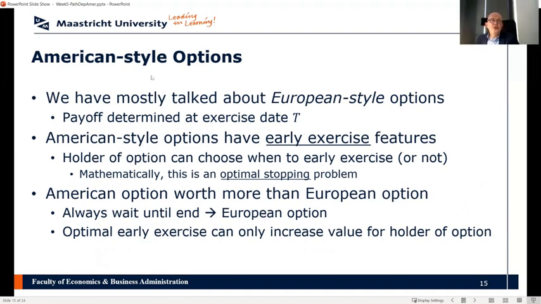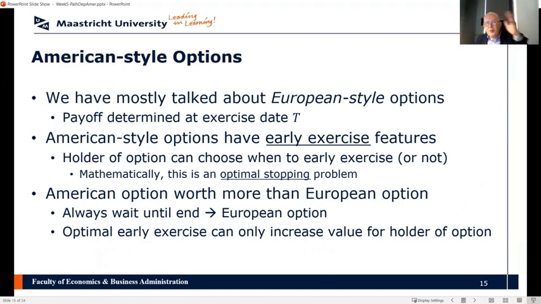And here we are going to talk about so-called American style options. What we've done so far is we have taken a look at European style options, where at the final date, capital T, you determine what the payoff is.